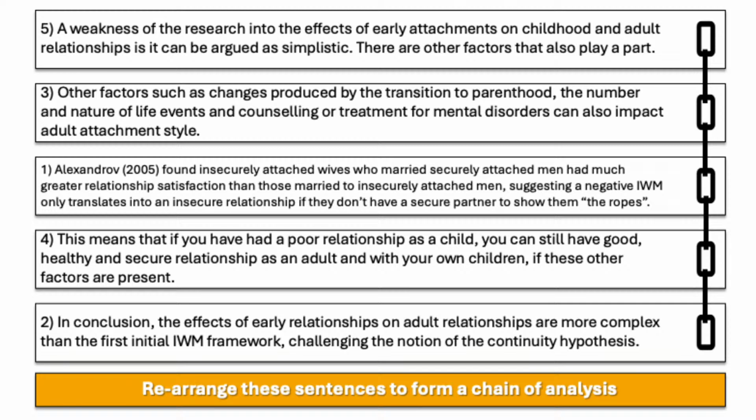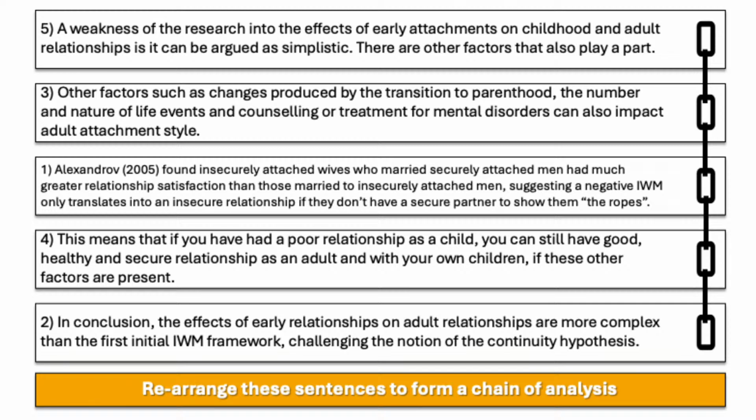Alexandrov, 2005, found insecurely attached wives who married securely attached men had much greater relationship satisfaction than those married to insecurely attached men, which suggests a negative internal working model only translates into an insecure relationship if they don't have a secure partner to show them the ropes, if you like. This means that if you've had a poor relationship as a child, you can still have good, healthy, secure relationships as an adult and with your own children if these other factors are present.